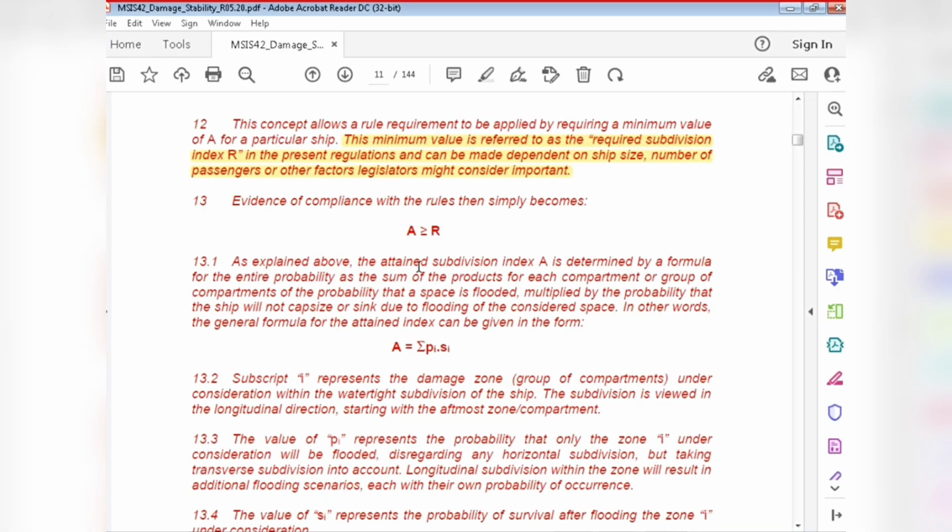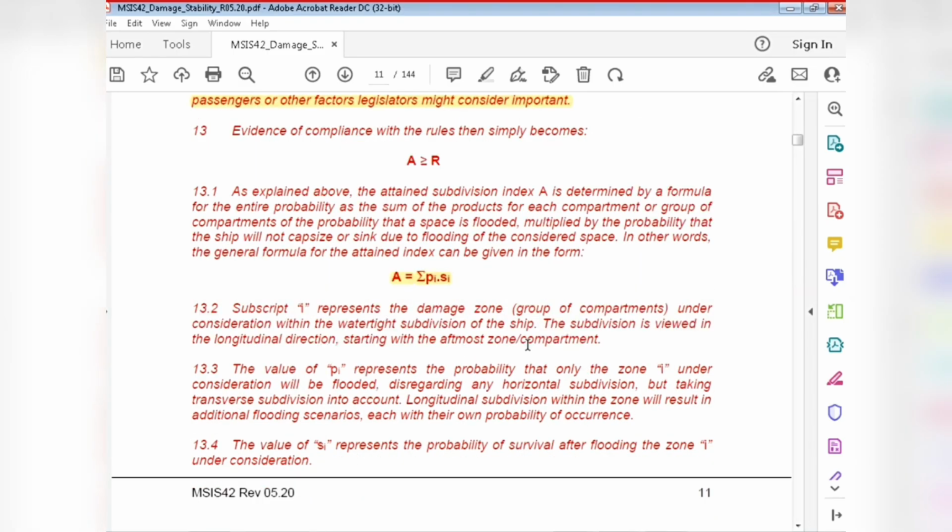As explained above, the attained subdivision index A is determined by a formula for the entire probability: the sum of products, for each compartment or group of compartments, of the probability that the space is flooded, multiplied by the probability that the ship will not capsize due to flooding of the given considered space. So A is equal to sigma Pi into Si. Here i represents the damage zone, a group of compartments under consideration within the watertight subdivision of the ship.